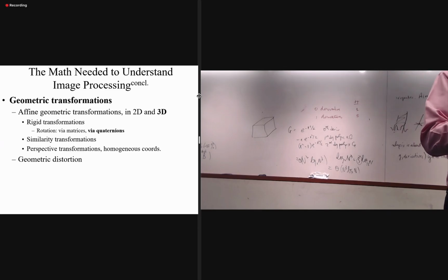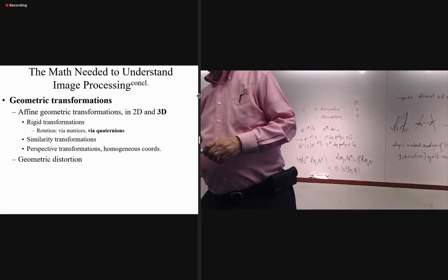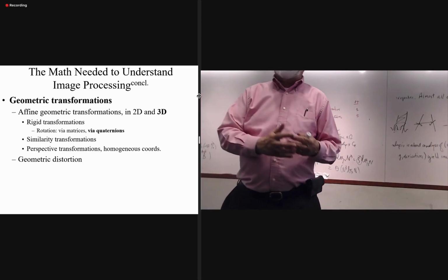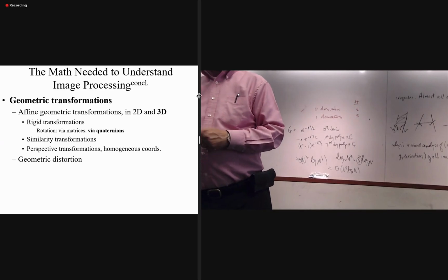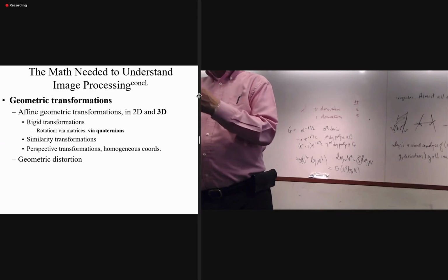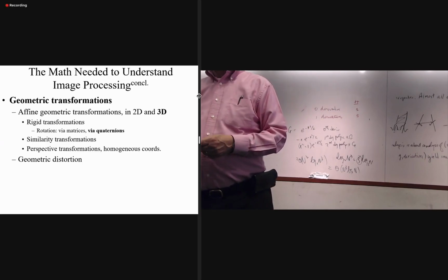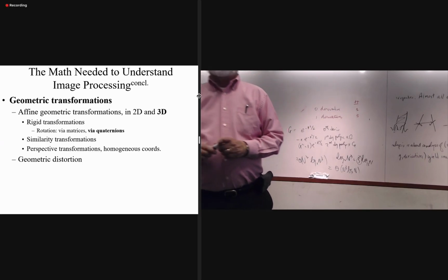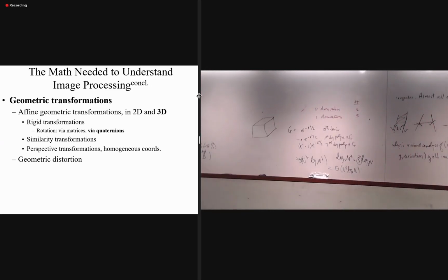And to compare images to images, whether you want to do statistics on images or you want to do diagnosis on the basis of various properties in the images, you need to get the images into comparable positions, orientations, and scales. And so we're going to be talking about these geometric transformations.